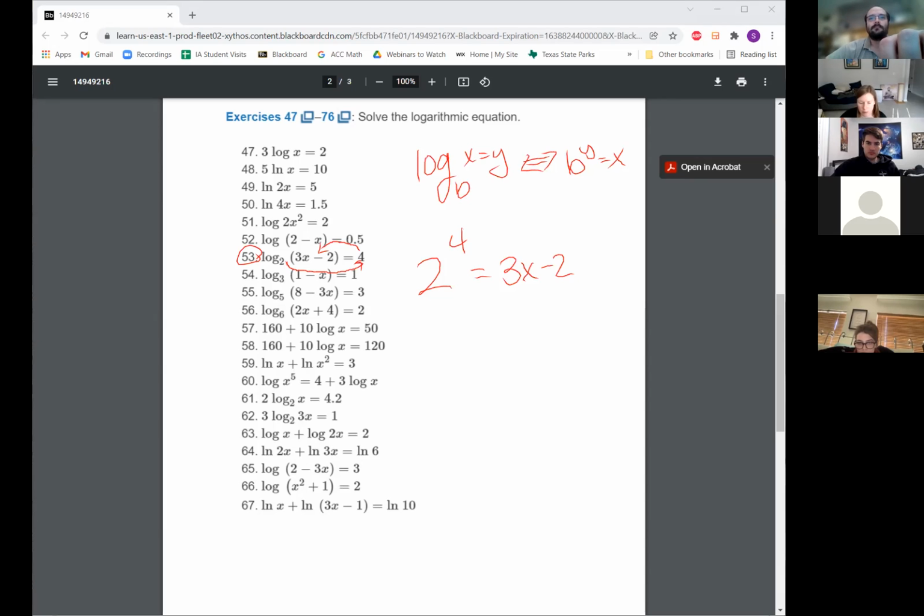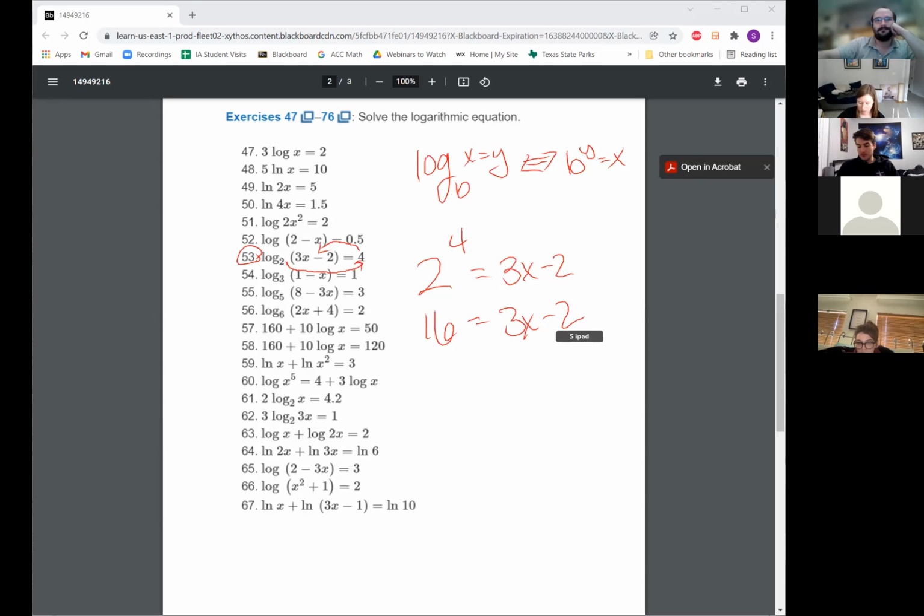All right, what would we do next? From there, you could do 2 to the 4th, which would be 16? I think so, yes. 2 times 2 is 4, times 2 is 8, times 2 is 16.